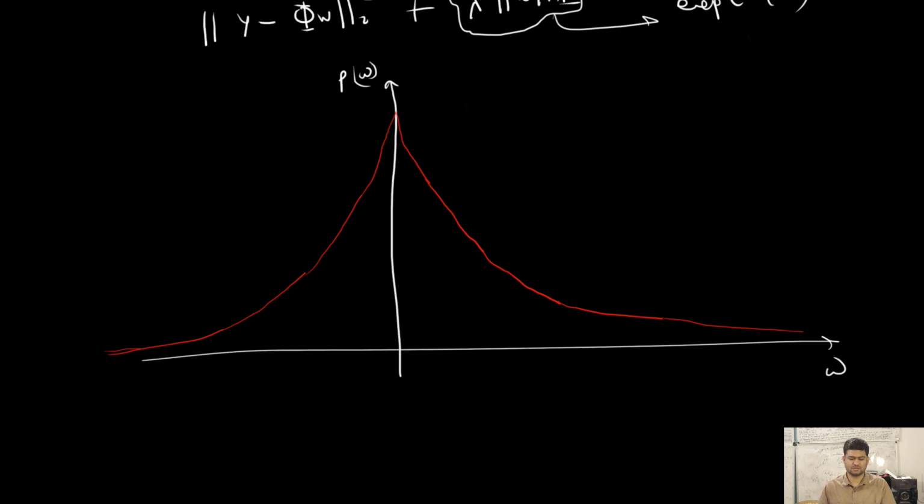And now let's plot the Gaussian distribution. Again, this would be symmetric, but just assume that this represents the symmetry.